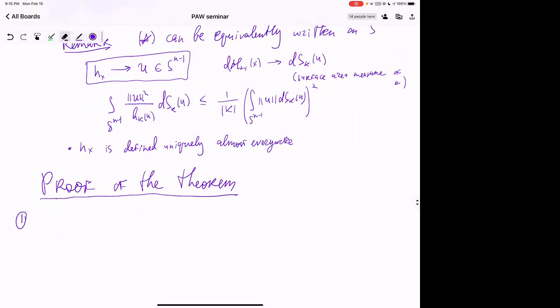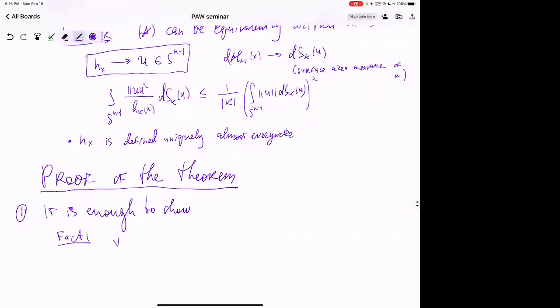So, okay, it is enough to show, I shall call it fact 1, for any fixed u on the sphere, for any semi-norm of u divided by the support function is bounded from above by 1 over the volume of K, integral over the sphere.